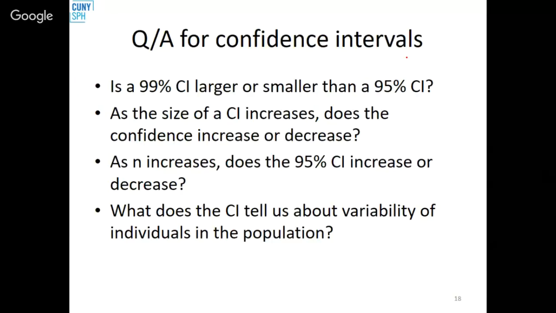Yeah, the larger it is, the more frequently you're going to contain the right answer. Just like if you're playing basketball, you have a larger rim, you can get the basket in it more often. So you can have greater confidence that you're going to get the ball in the basket. So let's see. It's larger.